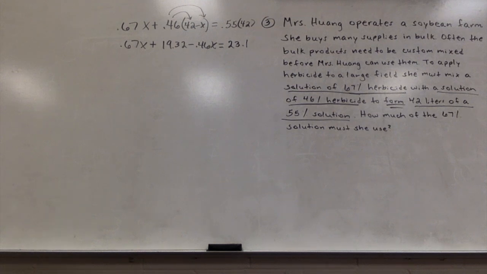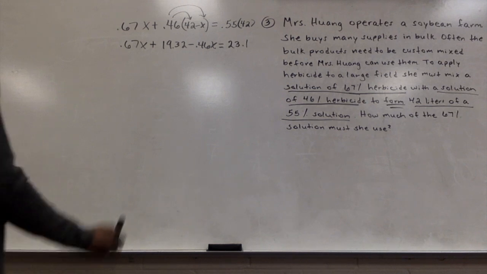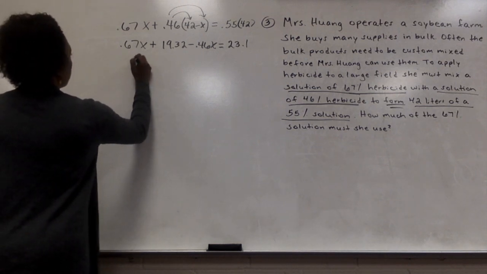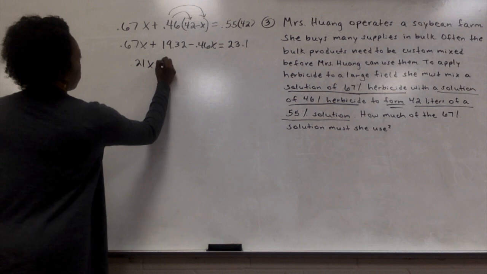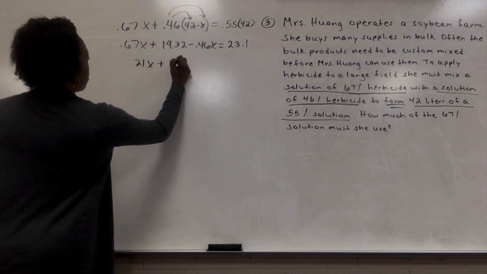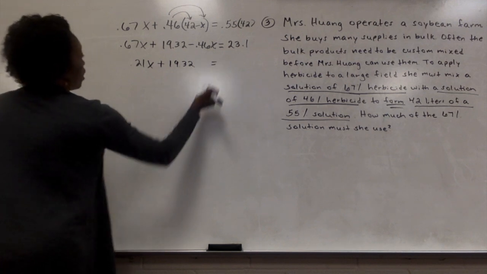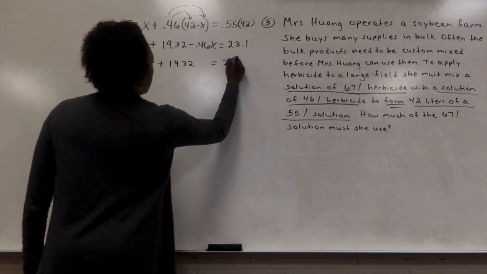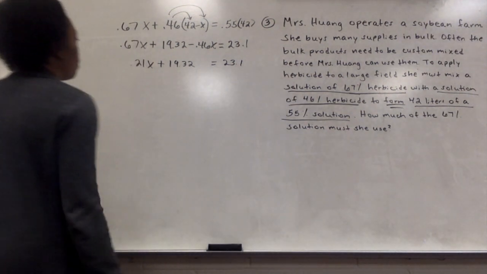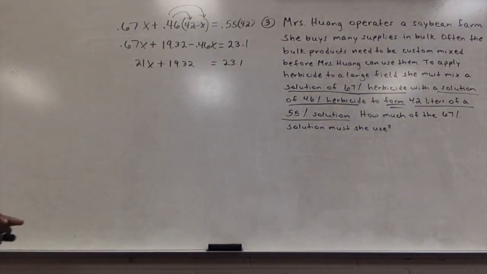And when we add like terms on the left-hand side, we get 0.21x plus 19.32. And we're going to keep 23.1 there, because now we're solving this as a two-step equation, and we're dealing with decimals.